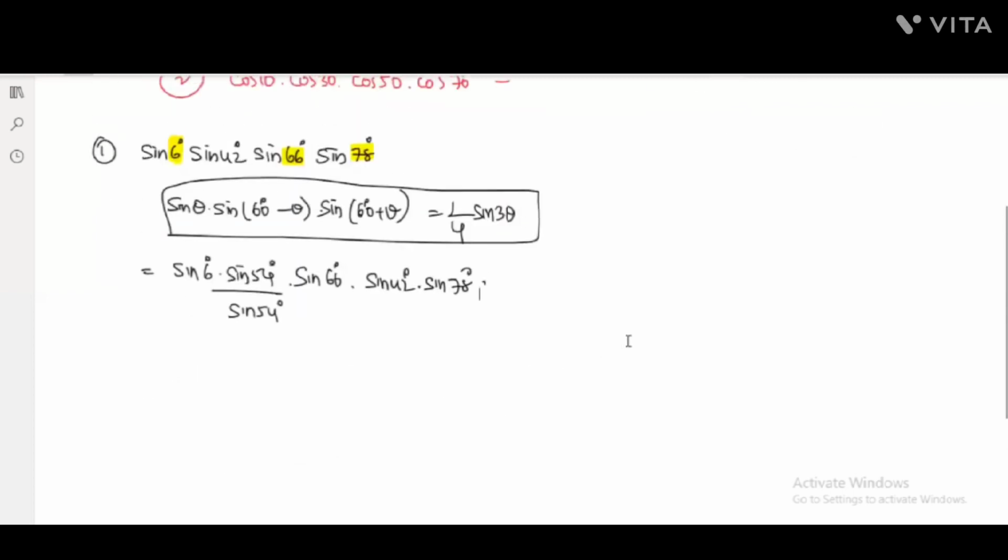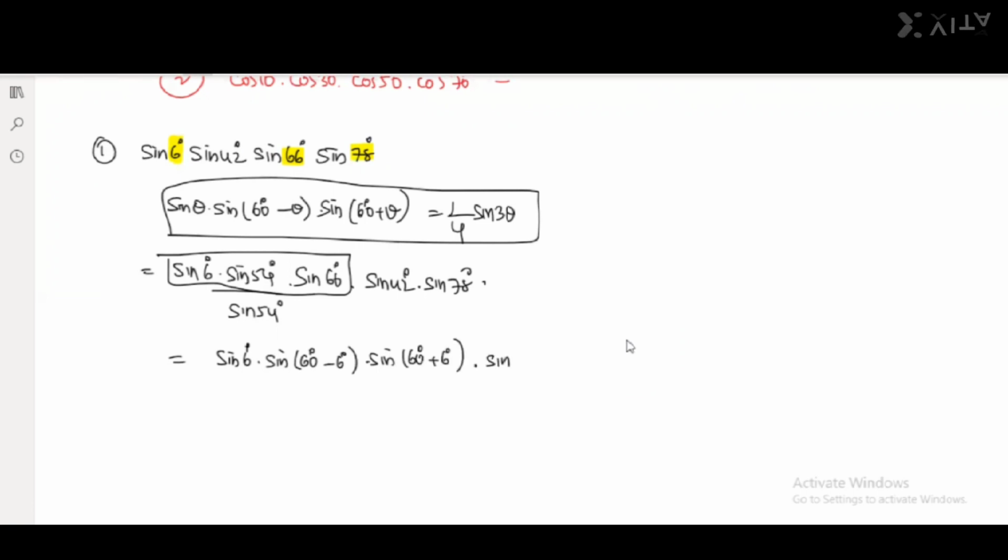According to the formula, for sine 6, sine 54, sine 66, how can we write this? Sine 6 degrees into sine 60 minus 6 degrees and sine 60 plus 6 degrees, into sine 42 into sine 78 degrees, divided by sine 54 degrees.